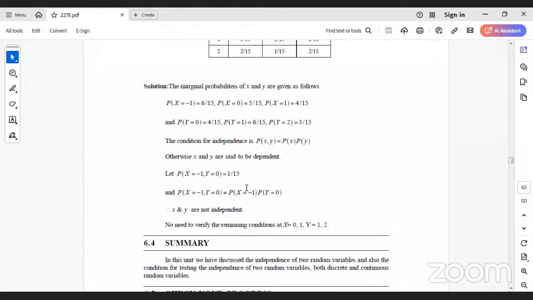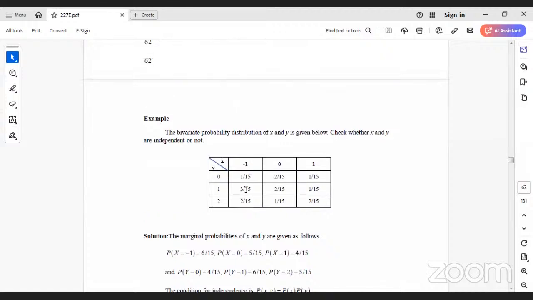Then another problem we have to do here. The bivariate probability distribution of x and y is given below.